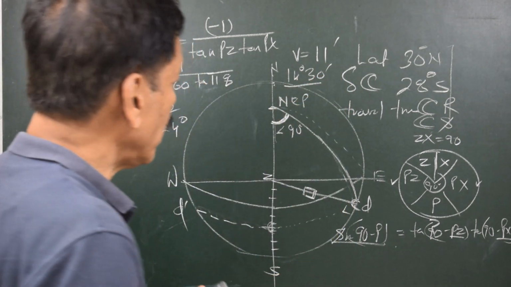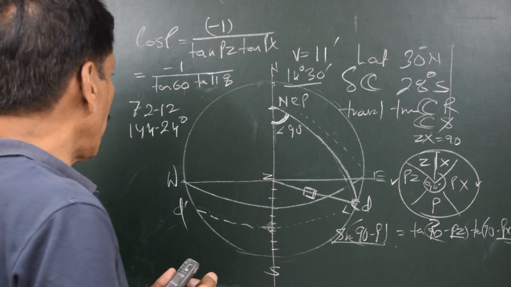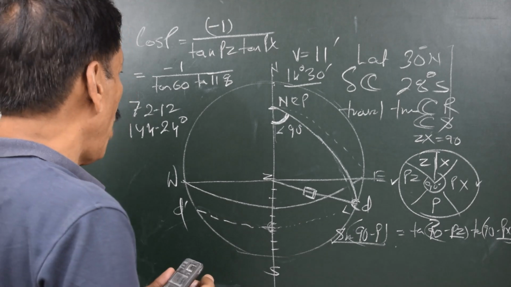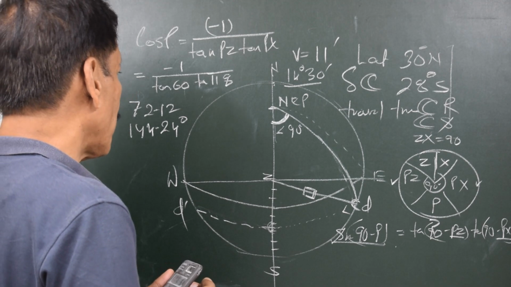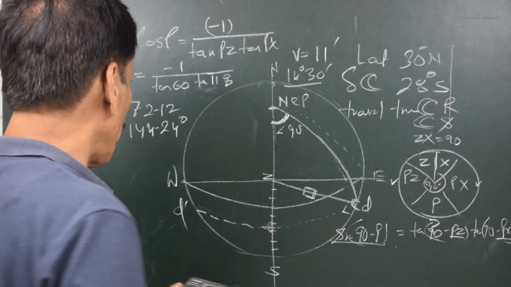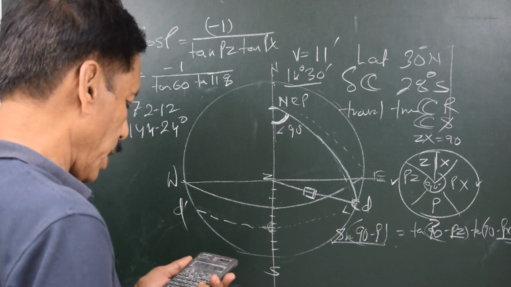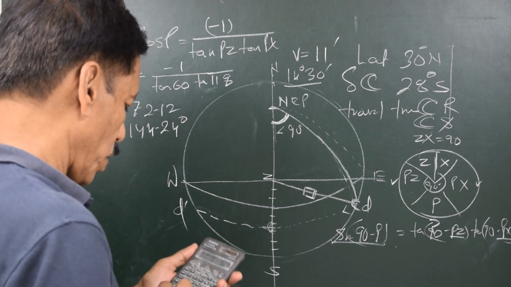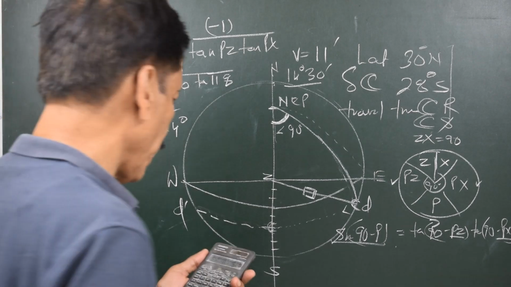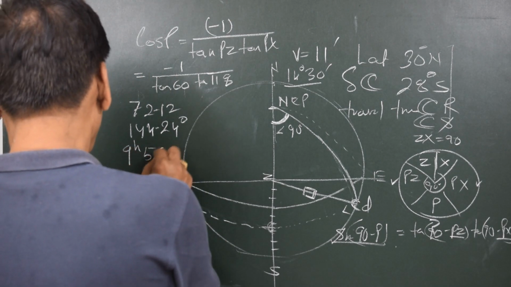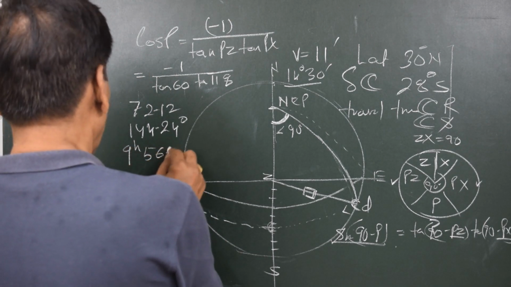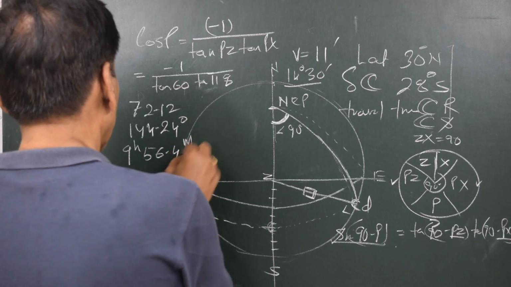If the rate of change of meridian by the moon is 14 degrees 30 minutes per hour, how much time will the moon take to traverse an angle of 144.24 degrees? So this will be divided by 14.5. In terms of hours, it is 9 hours 56 minutes, or 56.4 minutes.